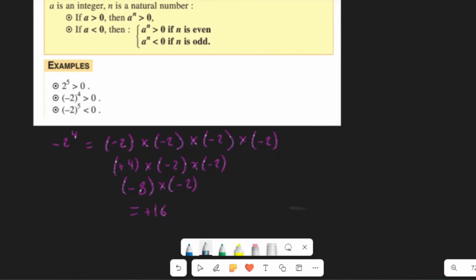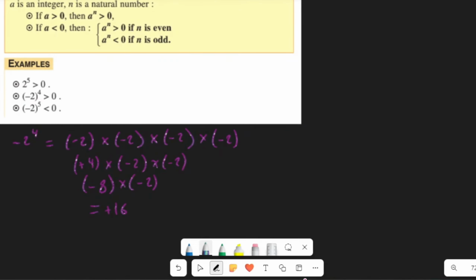Now let's look at negative 2 to the power 5. So for negative 2 to the power of 5, we'll have negative 2 multiplied by negative 2, 5 times.